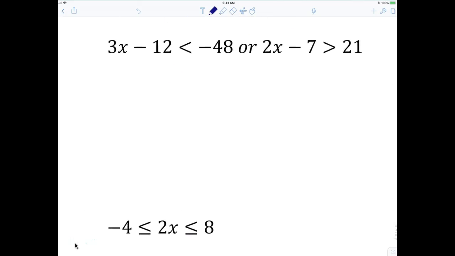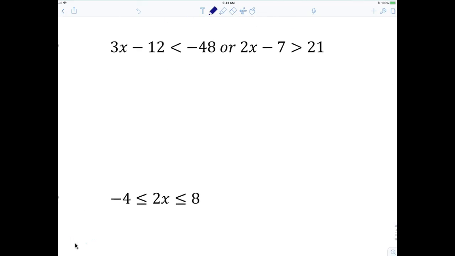Now we got to do 15 together. So here we go. 3x is less than negative 36, right? So x is less than negative 12, or 2x is greater than, or x is.